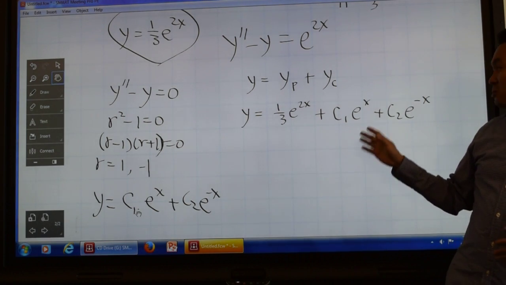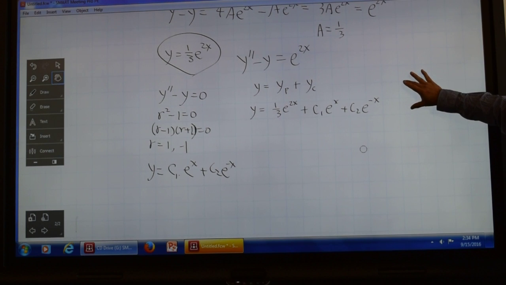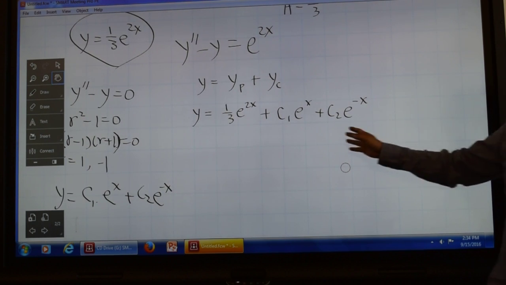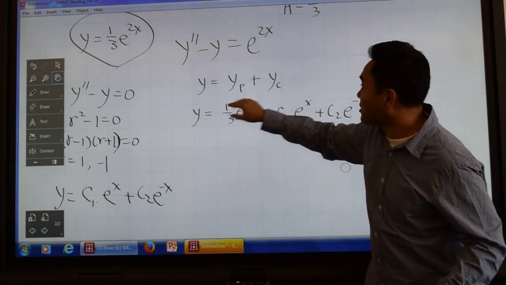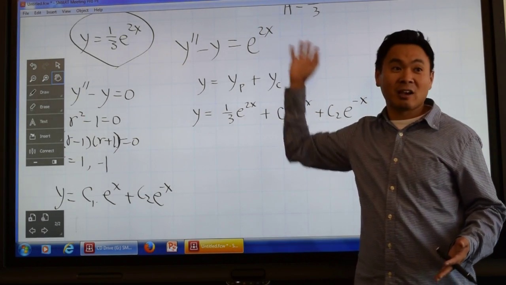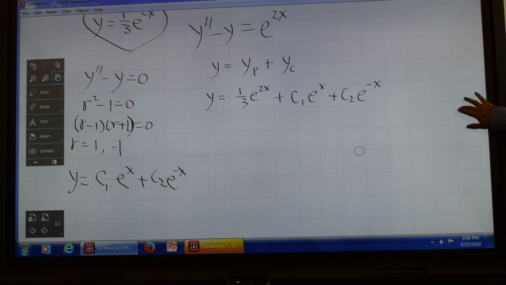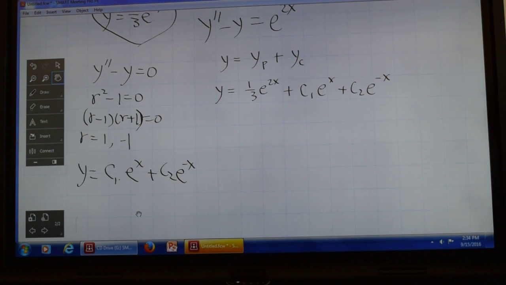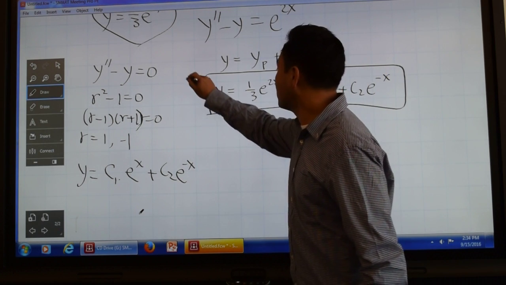So these guys are lost when you plug into the left side, and therefore when I plug this entire thing on the left side, it's going to create exactly the right side. So that's the great idea of dealing with the homogeneous differential equation. So actually this is the answer.